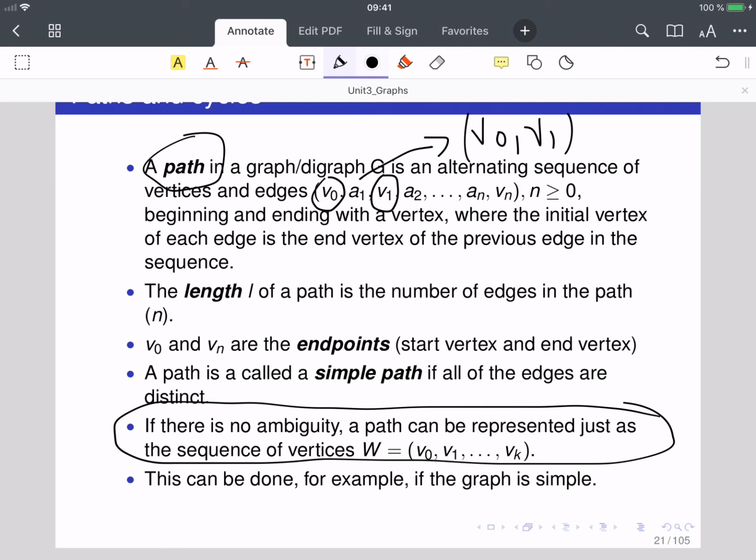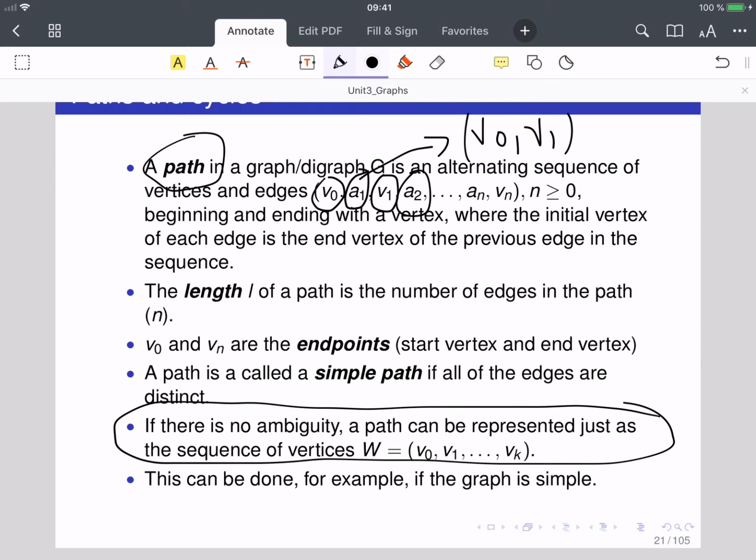But if the graph is multiple, then we need to specify which are the edges that we are using to go from one vertex to the other. So in general, we need to specify the edges, but when we work with simple graphs, we don't need to, because there is only one way to go from one vertex to the other.